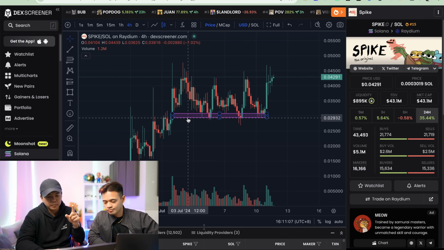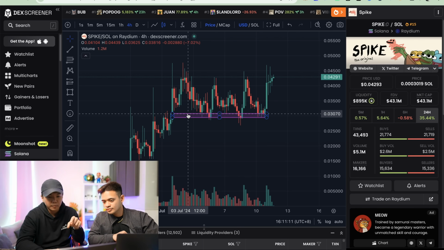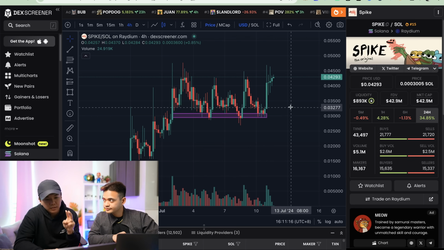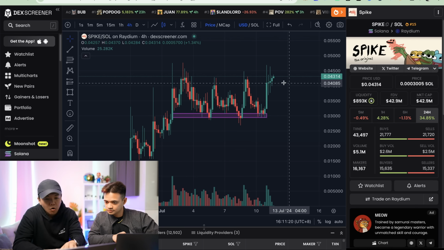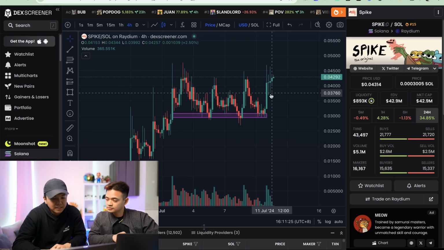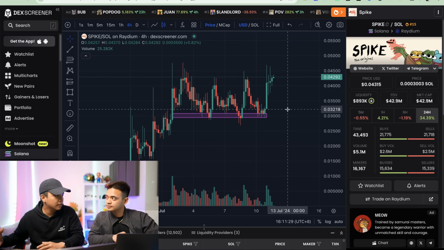There's a very strong buying interest here between 29 million and 31 million market cap. Well, now that it's already pumped, it might come down. So there's 2 possibilities that will happen. It will come down again to the order block, or it will send back up. So how you become profitable from this, even though you missed this order block, I will talk about that later on in the later steps.